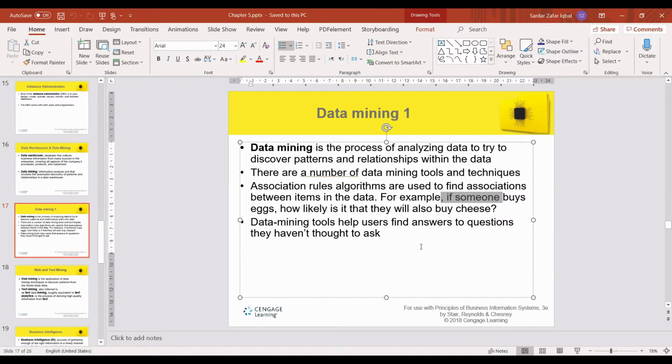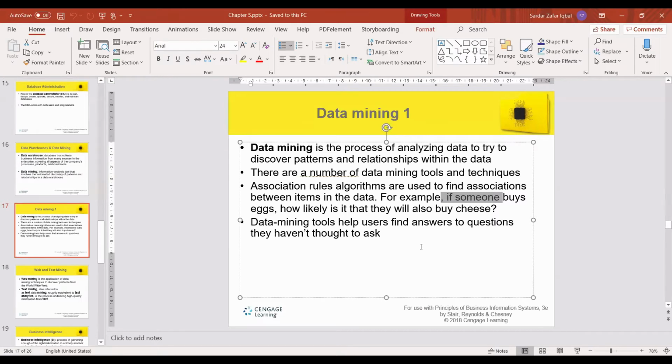So how does this usually happen? Because they keep track of your habits, purchasing habits. They search the keywords, the patterns, and then they apply these association rules there, and they find your interest.